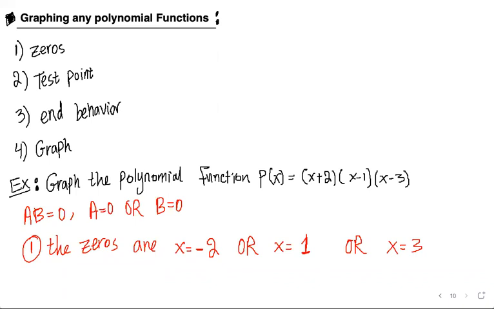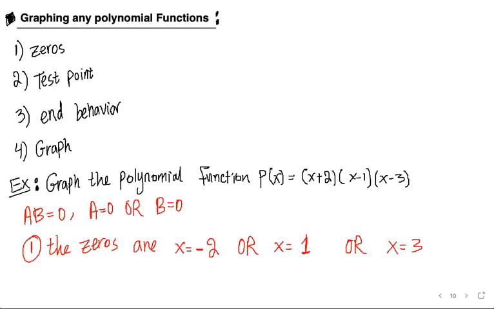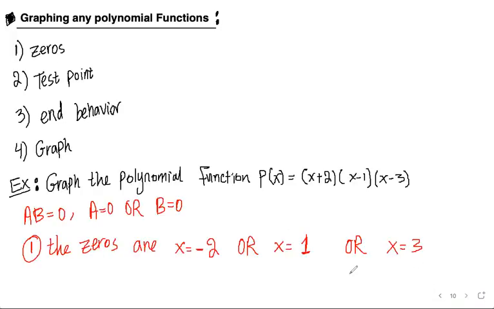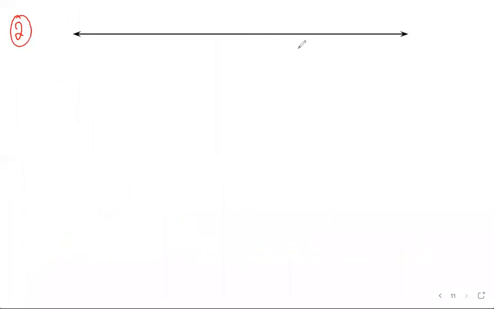Second step, we have to find the test points and we have to graph the real line. So for step number 2, I have to graph the real line, and on this real line, I have to put these zeros: x equals minus 2, x equals 1, and x equals 3.